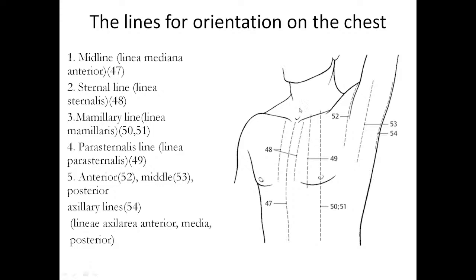The first and last lines pass through the anterior and posterior fold of the axilla, respectively, and the middle line passes through the point midway between these folds.